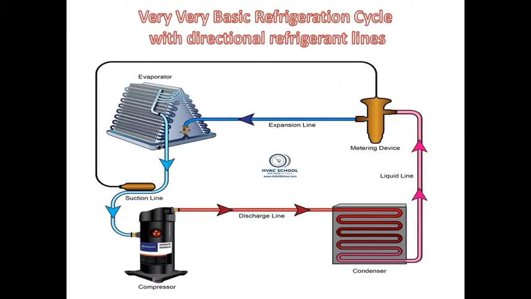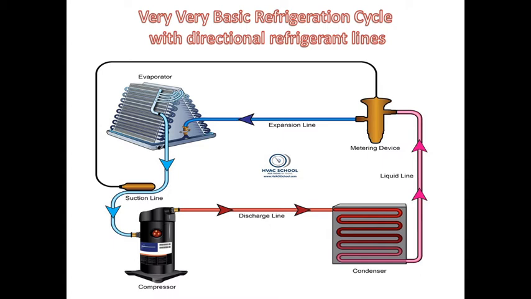Here we have the very, very basic refrigeration system with directional refrigerant lines. On the bottom left-hand side of the screen, you'll see the compressor. The lines coming out of the compressor are the high pressure, high temperature line. That's called the discharge line. When it leaves the condensing coil, it changes its name.